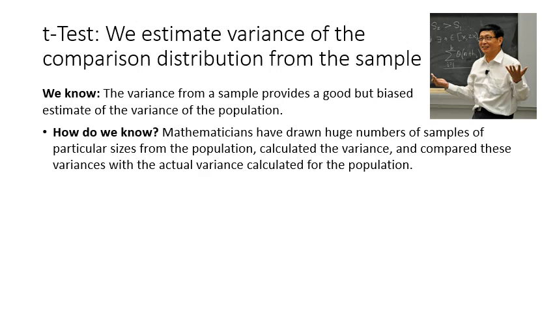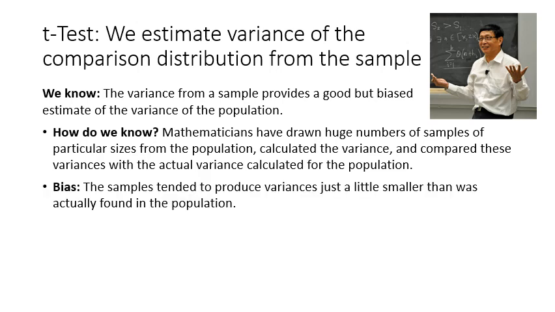They've tested it by drawing huge numbers of samples of particular sizes from the population and then calculating the variance. If they know what the variance actually is for the population, then they can know how closely each sample gets to allowing us to estimate the variance of the population. That's how we come to know that this is true. But bias is found.